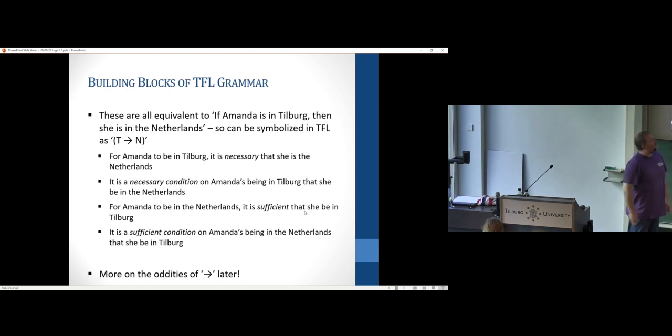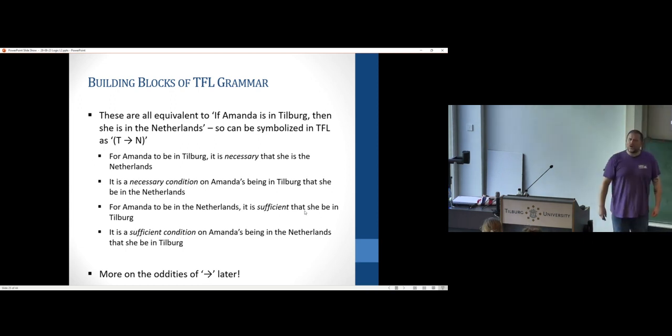Or for Amanda to be in the Netherlands, it's sufficient that she's in Tilburg. Or it's a sufficient condition on Amanda's being in the Netherlands that she's in Tilburg. Lots of different ways to all say the exact same conditional. If she's in Tilburg, then she's in the Netherlands.